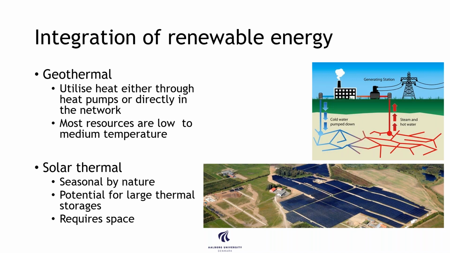Then it's possible to boost it through heat pumps. So again, here it's an advantage if you have a lower temperature for supply, or you can go deeper, or you have an extreme resource of geothermal heat that is both shallow and high temperature. Then you can also, of course, get that directly into the network.